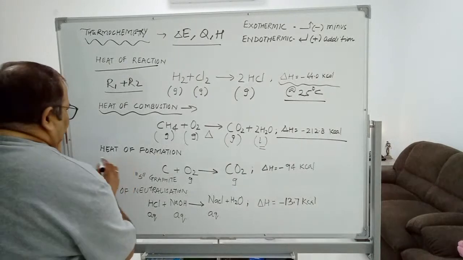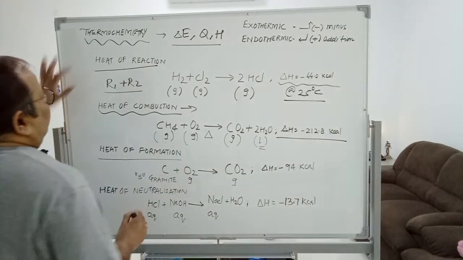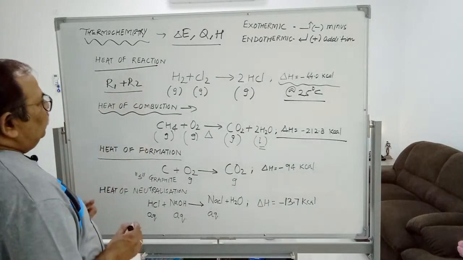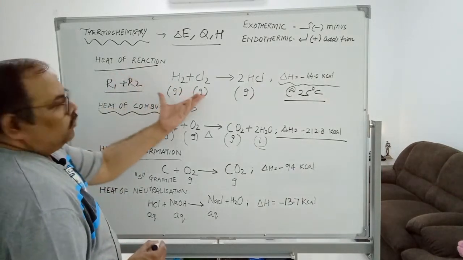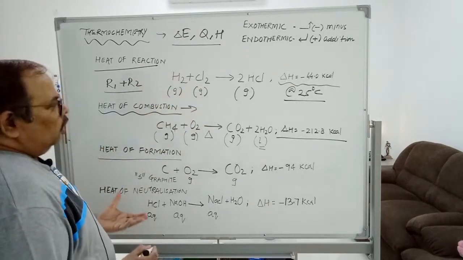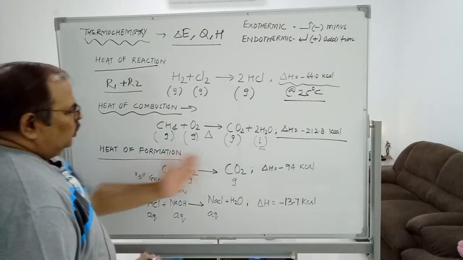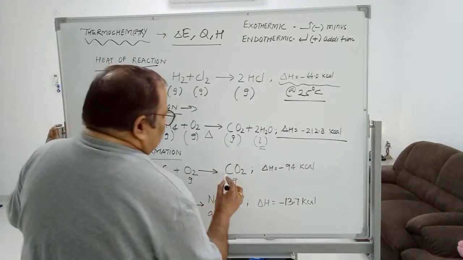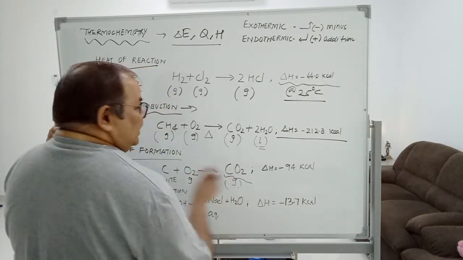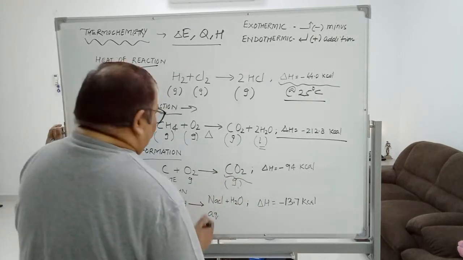Now heat of formation. Heat of reaction and heat of formation, don't always get confused. Heat of reaction focuses on reactants, a definite amount of reactant. Now you should consider all this in the molar form.